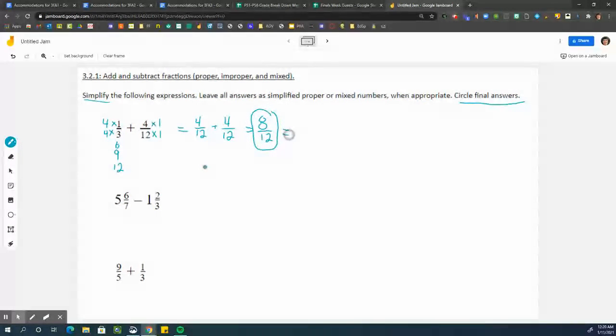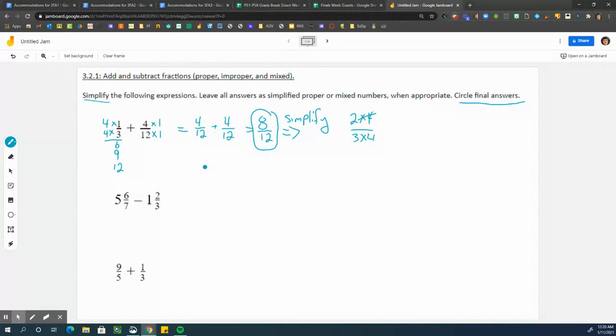Except it's not simplified, so we have to simplify. So 8/12, we know that, right, there are two 4s in 8, so 2 times 4 is in the numerator, and then we knew that 3 times 4 is in the denominator, so 3 times 4, right? 2 times 4 is 8, 3 times 4 is 12.